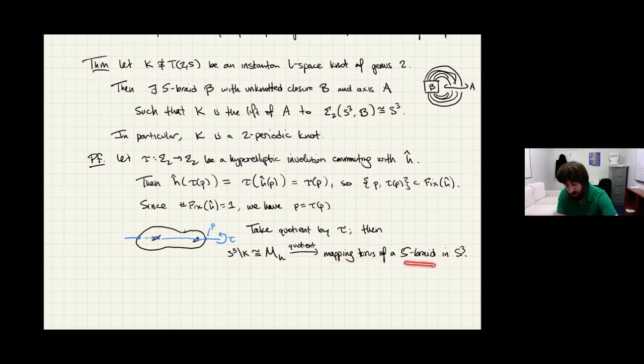Because that's supposed to be the fixed set. These 5 points are permuted setwise by that monodromy. And so we just let beta be that braid, and we let A be its axis, and that's it.